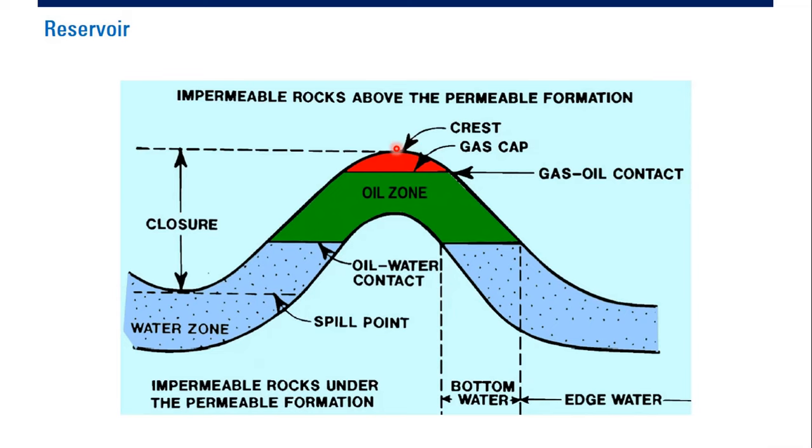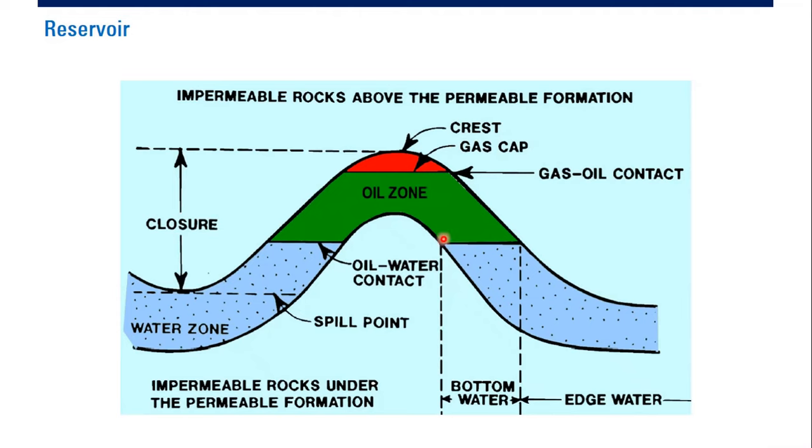Why is the crest important? Because hydrocarbons, gas or oil, usually will be found in the crest area, since the light oil and gas will accumulate at the peak. So if you drill your well at this crest area, most likely you will find oil. So that's the importance of the crest area.